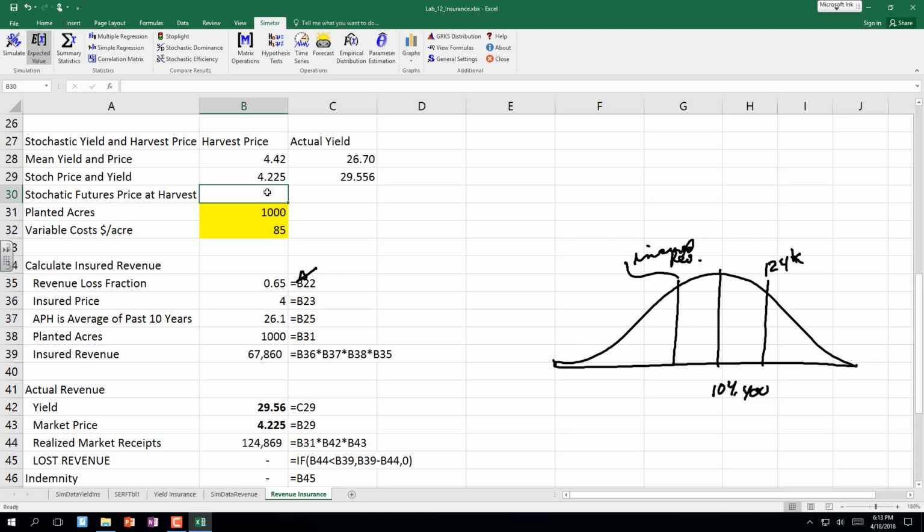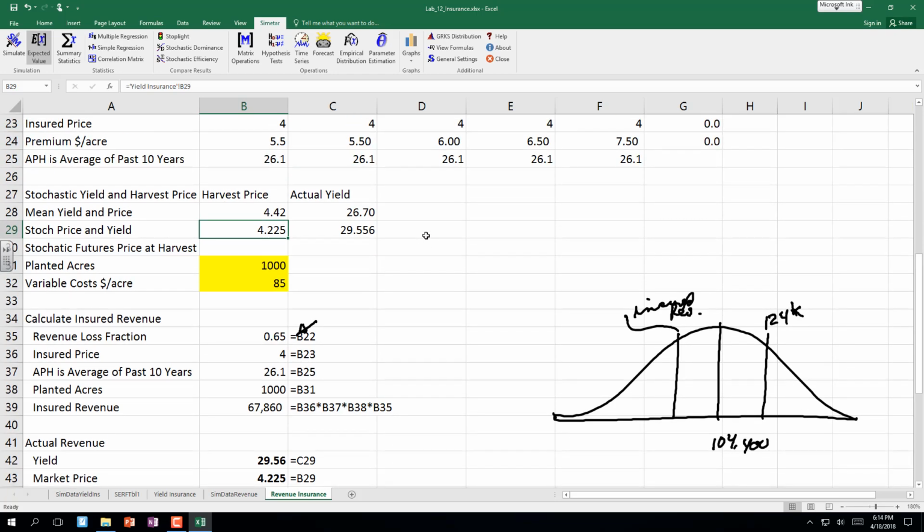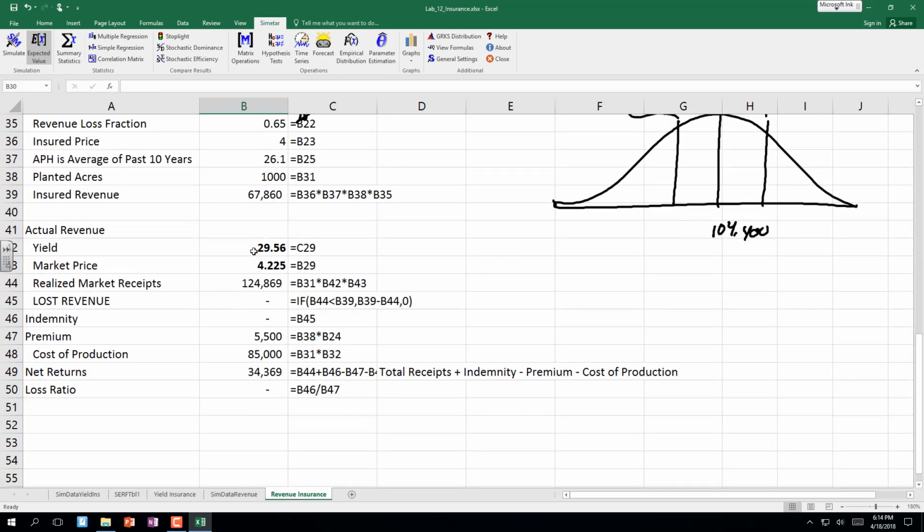And the formula for doing that is a little bit more complicated than I want to go into. But if you're going to do that for your research, come and see me and I'll show you what that is. It's an exponential, funky looking formula that's a function of the marketing year average price here. Okay? So that's all you would do, and you would use that for calculating your indemnity.